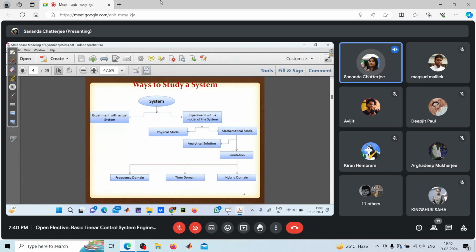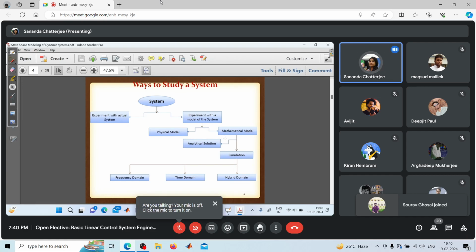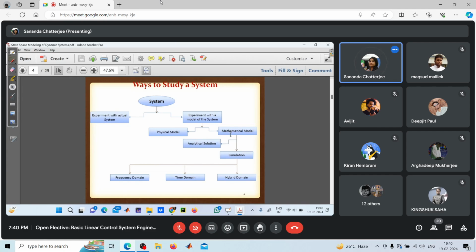And from that mathematical model of the system, the first and foremost thing we can do, if we have very good knowledge of mathematics, is directly get an analytical solution of the system. That is, if you provide a particular kind of input, how the system will react, you can calculate analytically and directly if you have a good mathematical model.